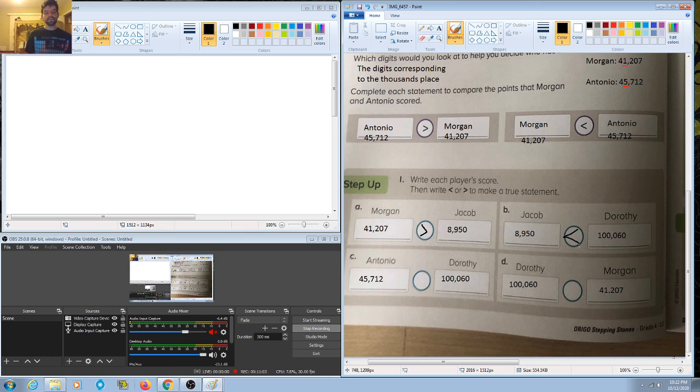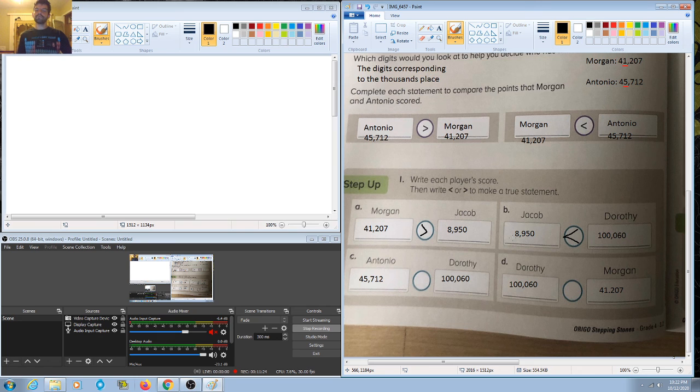Again, this is really important that we don't focus on any comparison of place values, because it's not going to make any difference if the 100,000th place in Dorothy's score is present over one that doesn't exist in Jacob's score.